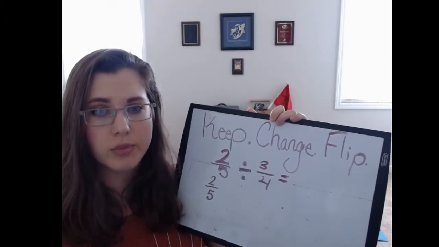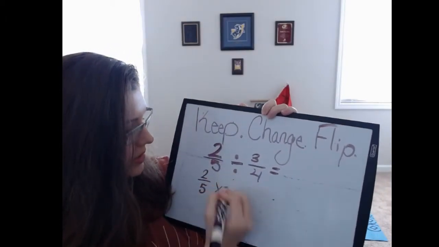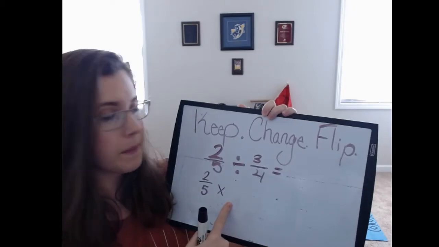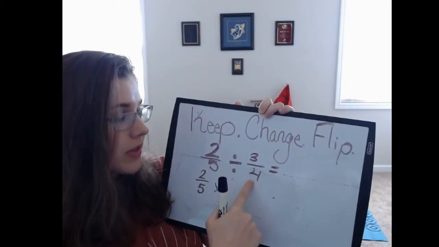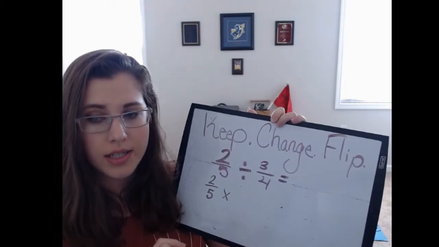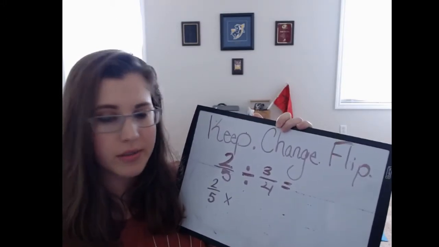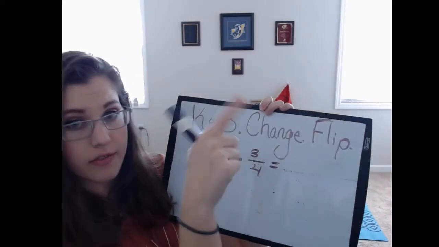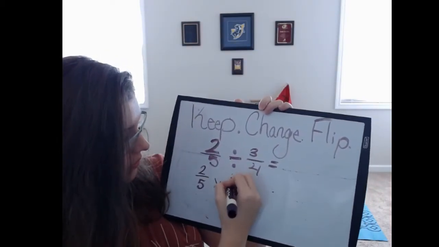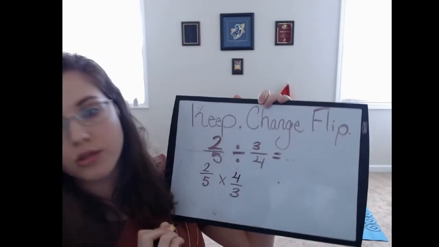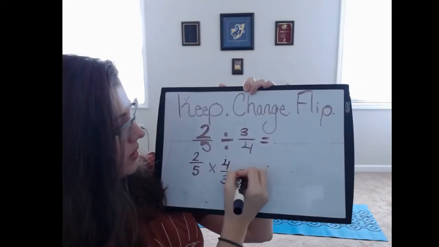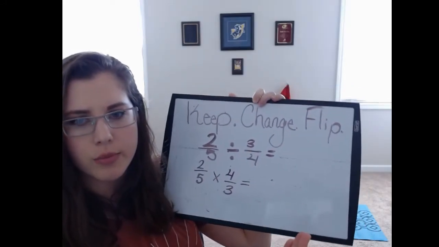Opposite of division is multiplication. So it goes to times now. And flip. We flip this fraction 3/4. Another word for flip is reciprocal. Just means the opposite. So 3/4, flip it, is 4/3.